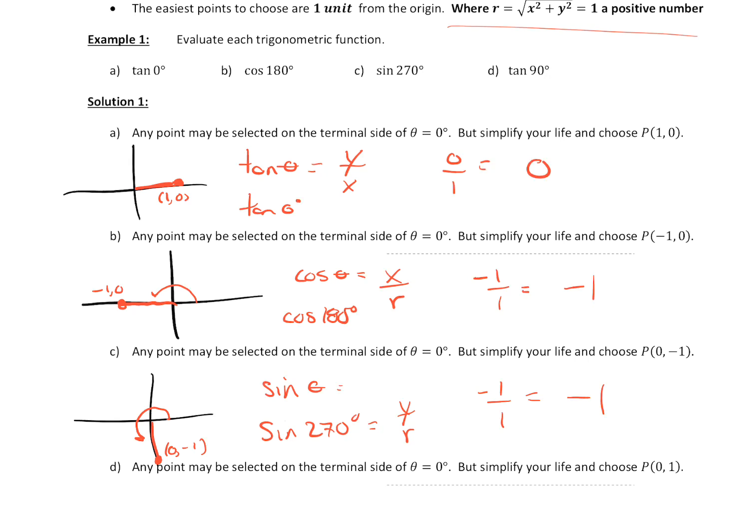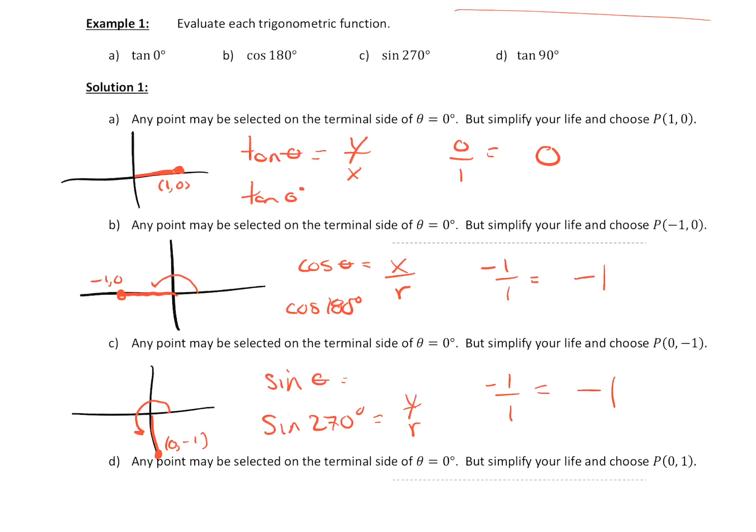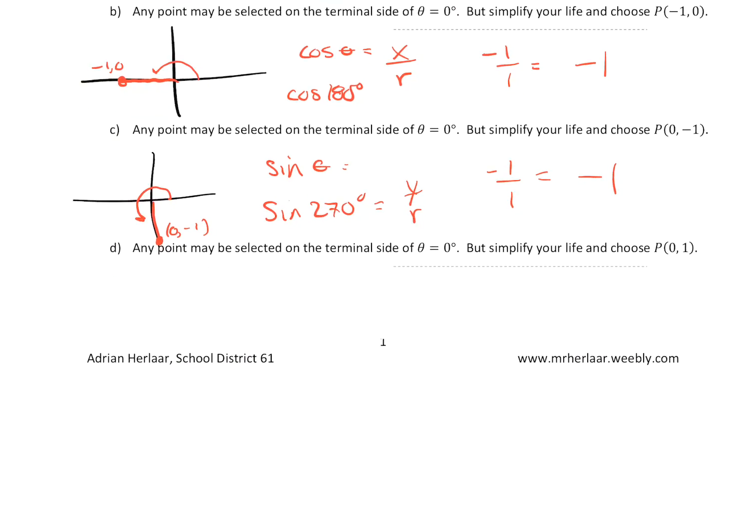And then for the last one, we're looking at tan of 90 degrees. So get your grid, get your line, that's (0, 1).